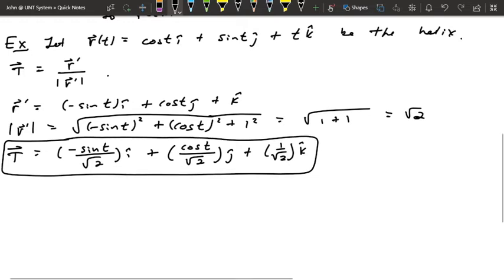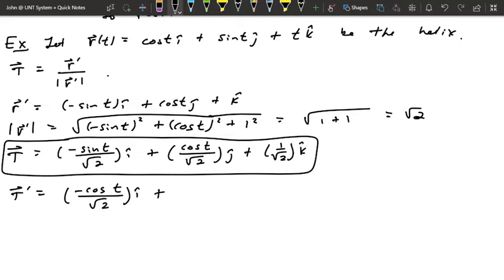So N is going to be T prime over the length of T prime. So let's calculate T prime. And the derivative of a constant is 0.